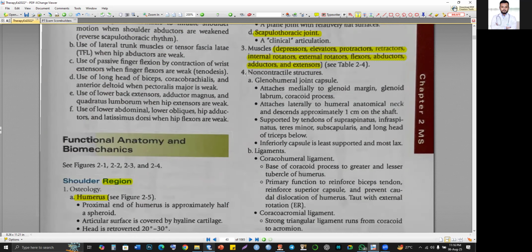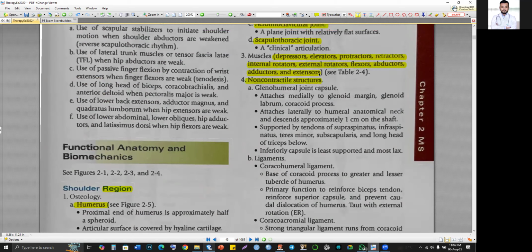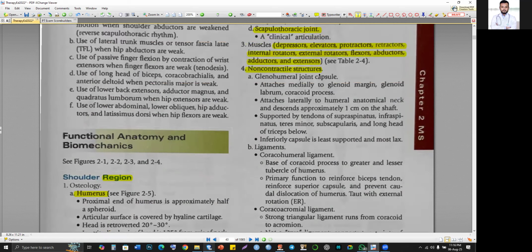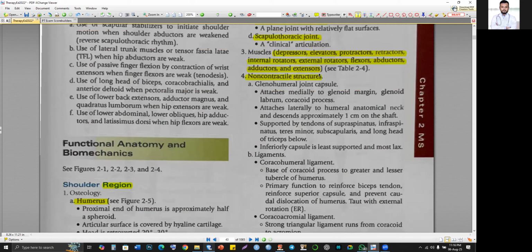Now come to the point of non-contractile structures. We know about the contractile structures, which include muscles and tendons.